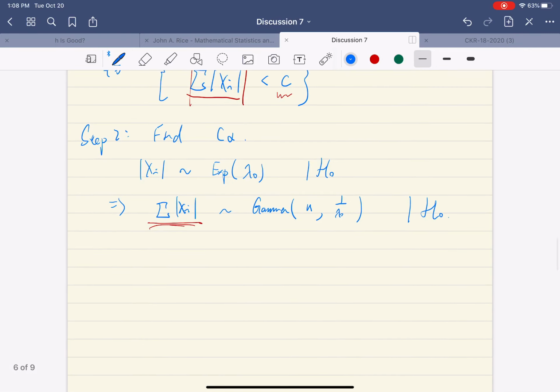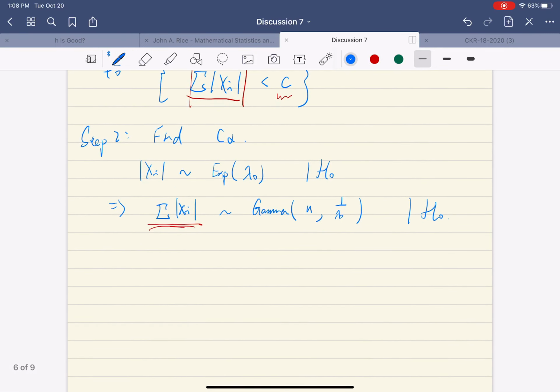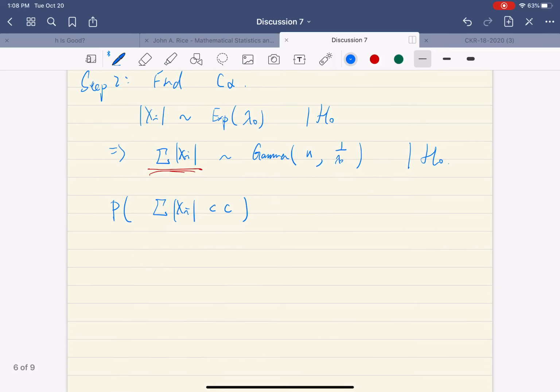Because you know that this is the significance level, and this is also the CDF of the gamma distribution, you can look at this. This is the CDF of this.